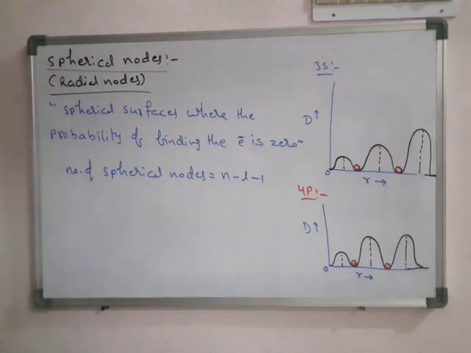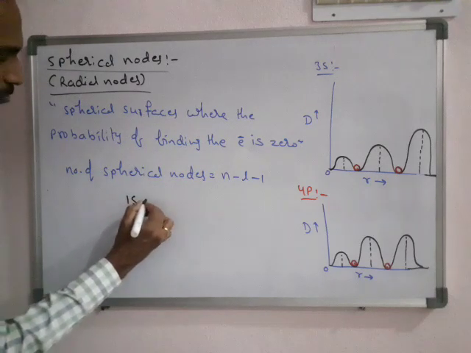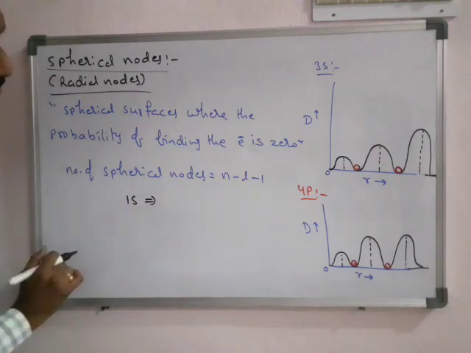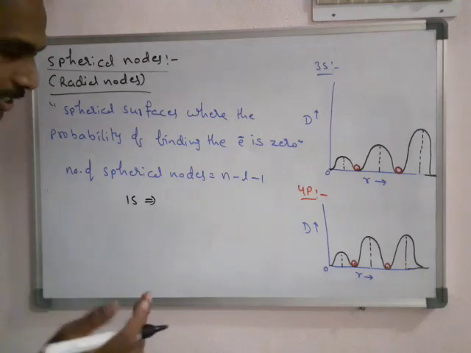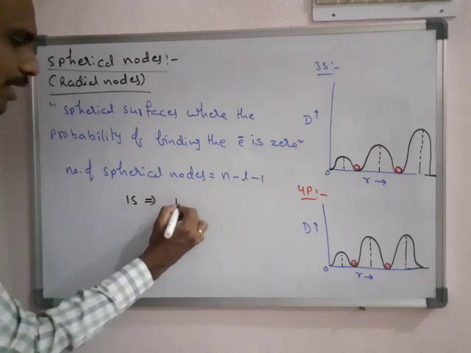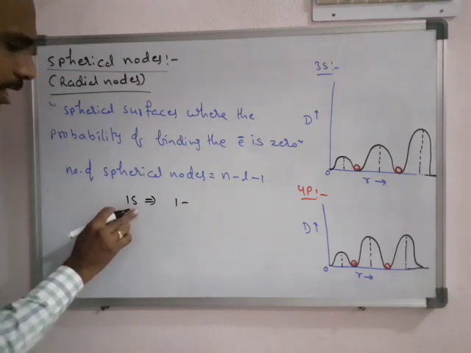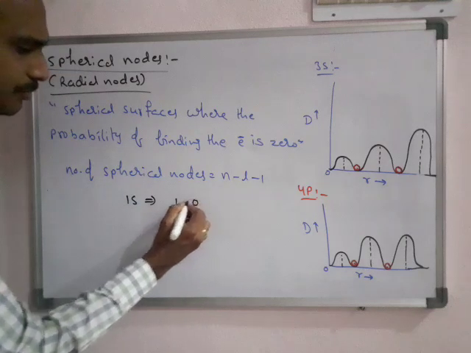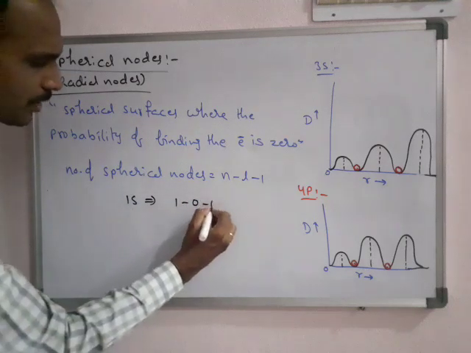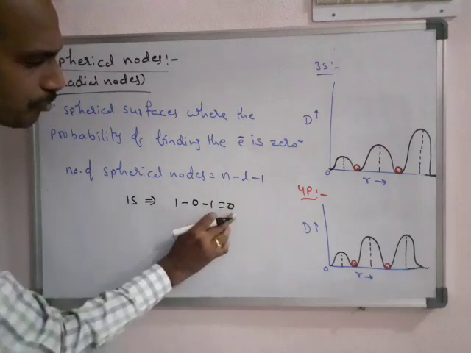Now we apply this formula. For example, in one graph, how many gaps are there? 0. So apply this, n is 1. For an s orbital the l value is 0, so n minus l minus 1 gives number of nodes 0.